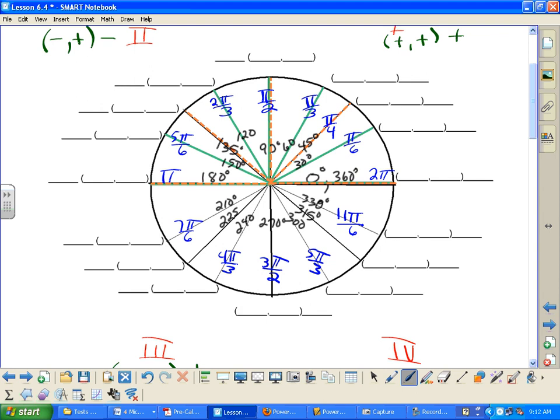So the next one then would be 3/4, 3 pi over 4. And then pi would be 4 over 4, which is 1. Then 5 over 4, 6 over 4, and 7 over 4.